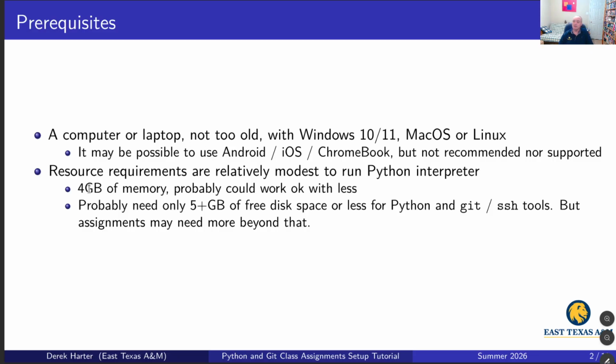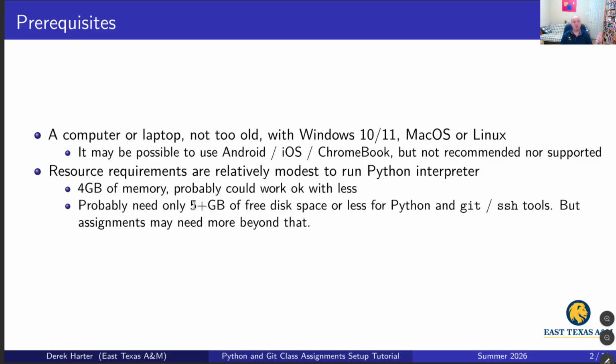I also don't think resource requirements will be much of an issue if you're just doing Python programming assignments. 4 gigabytes of memory is really what you need just to run something like Windows 10, right? For any modern computer running Windows 10 or a more recent version of macOS, you'd be fine.